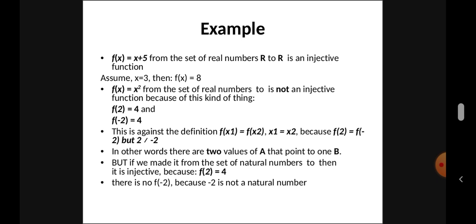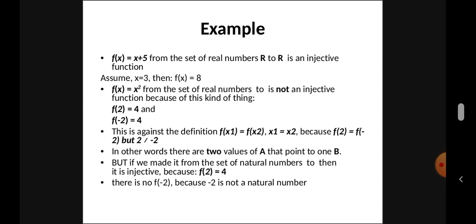This is against the definition, right? As per the rule, if f of x1 is equal to f of x2, then x1 must be equal to x2, but here f of 2 is equal to f of -2, while 2 is not equal to -2. So we can say this is not an injective function.